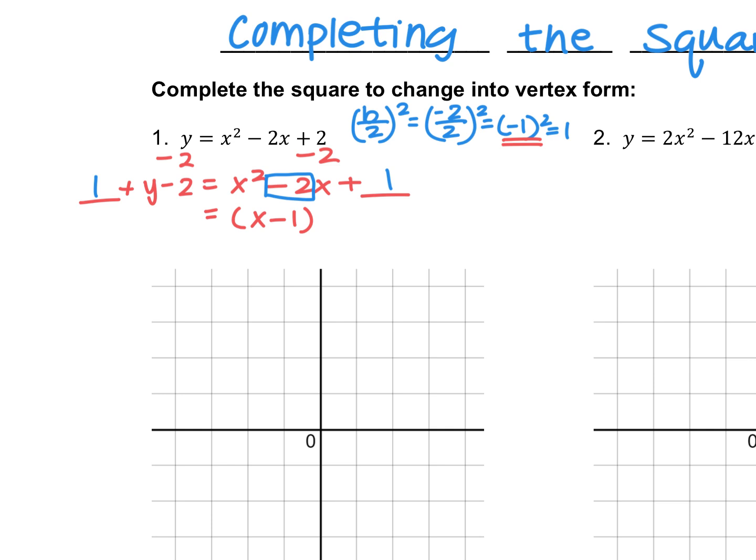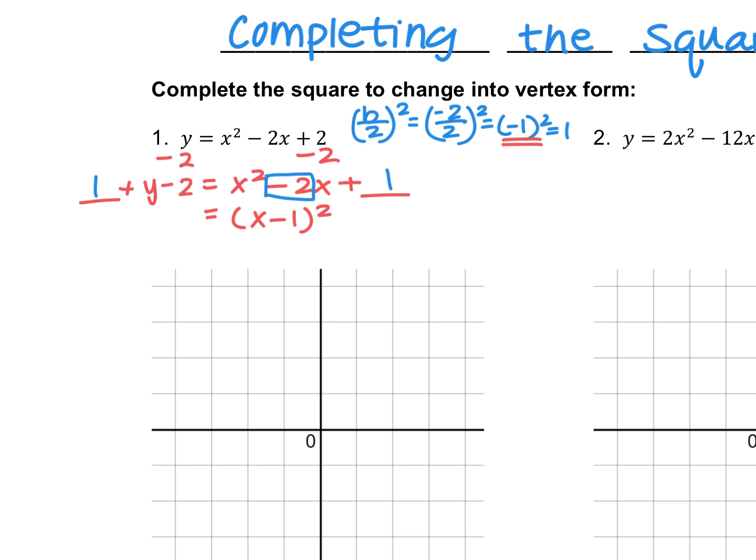So it's always whatever that is, it just comes down here, so that it's x minus 1 squared. That's also why I always bring the sign with me when I do b over 2 squared, because yes, it's squared so it's always going to be positive, but whatever that sign is before I square it, that's the sign I get in my factor. So that's how I know it's x minus 1, not x plus 1.